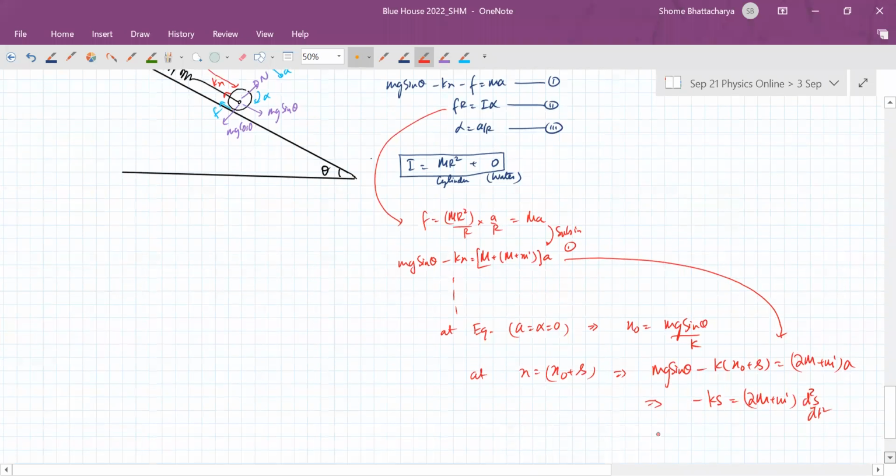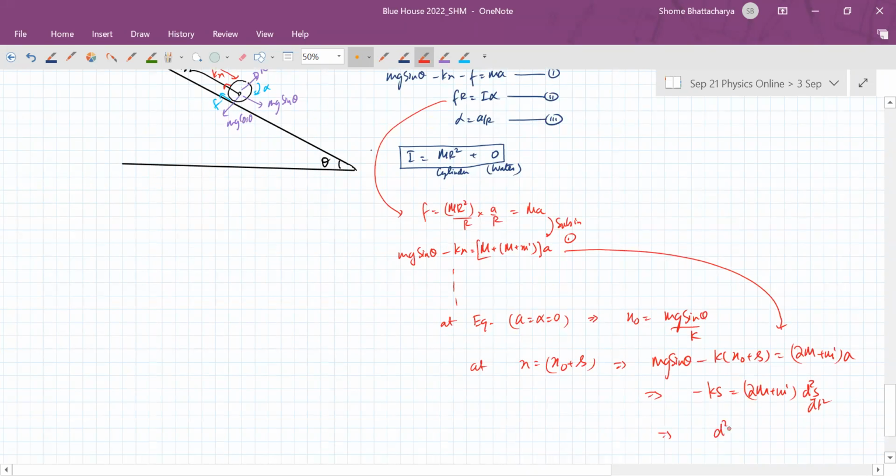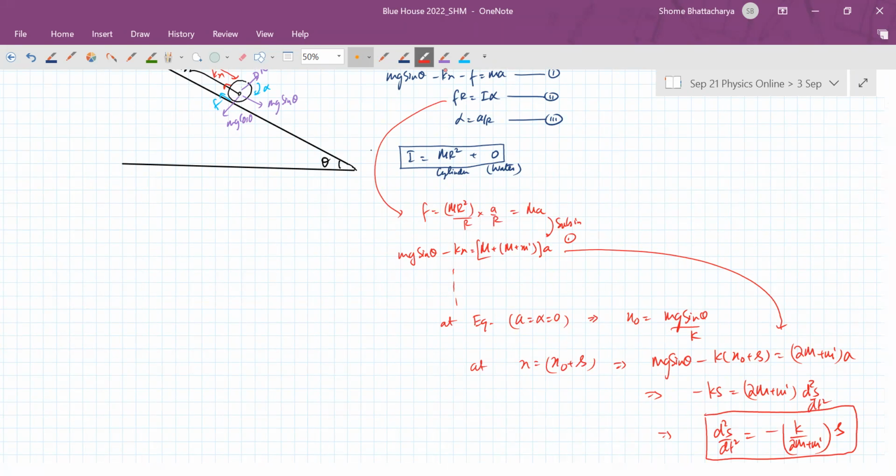So the equation of SHM for that cylinder with the water of mass m prime filled inside it is this. Okay, this is clear? Yes, sir.